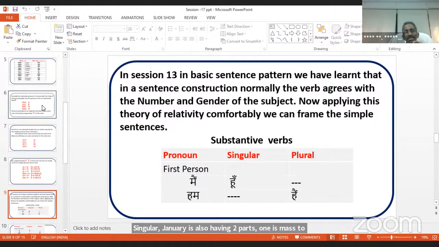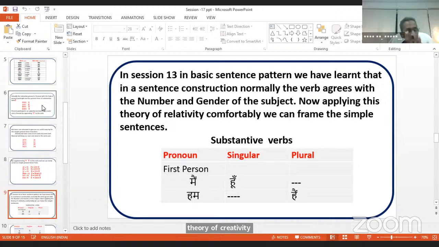So when we frame a construction, the number and gender of the subject are taken into account. Applying this theory of relativity, we can comfortably frame the simple sentence.